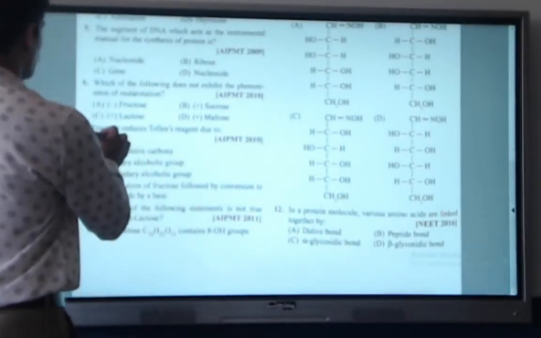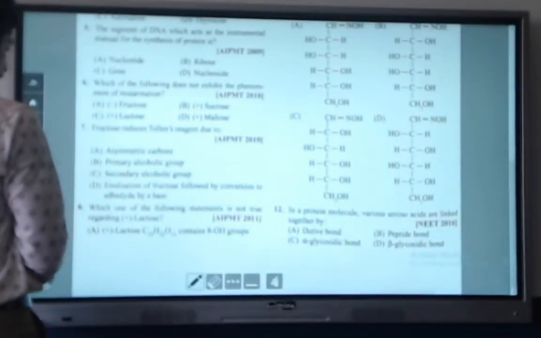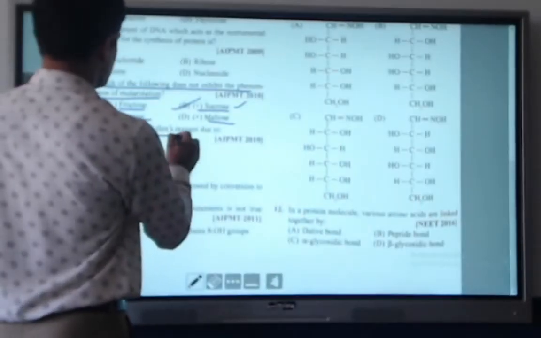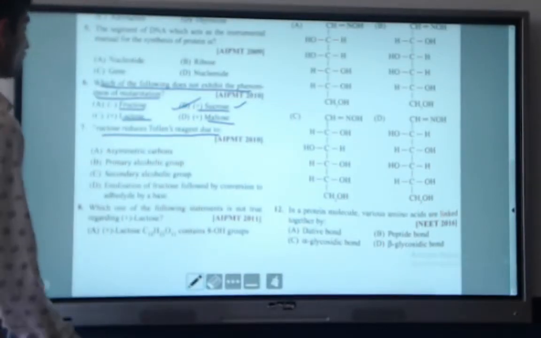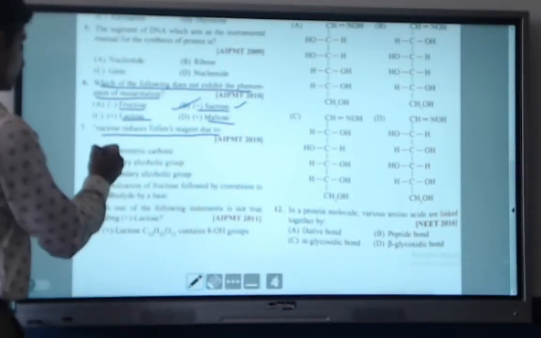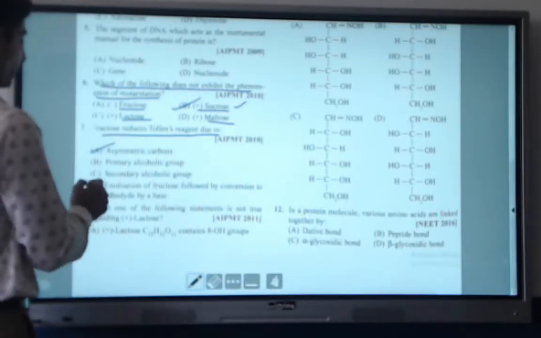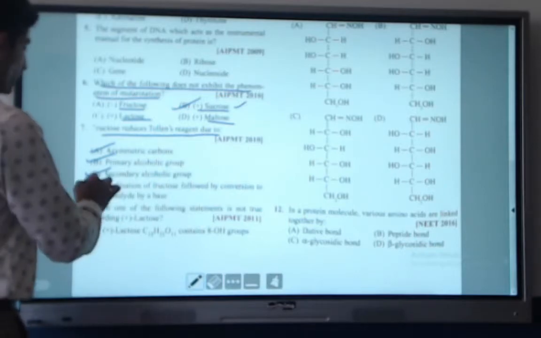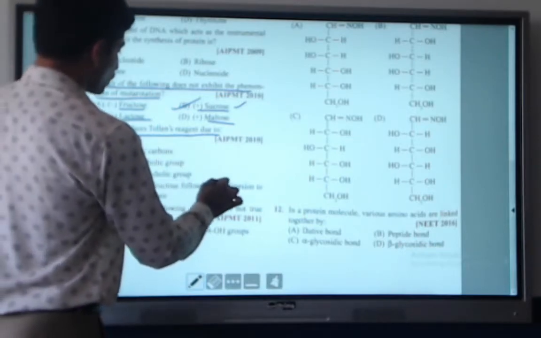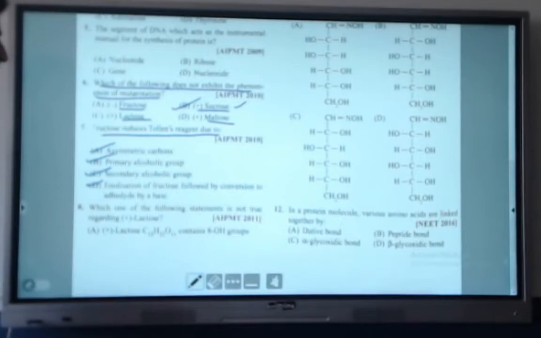Fructose reduces Tollens' reagent due to, as you already know, the options are asymmetric carbon, primary alcoholic group, secondary alcoholic group, enolization of fructose followed by conversion to aldehyde by a base.